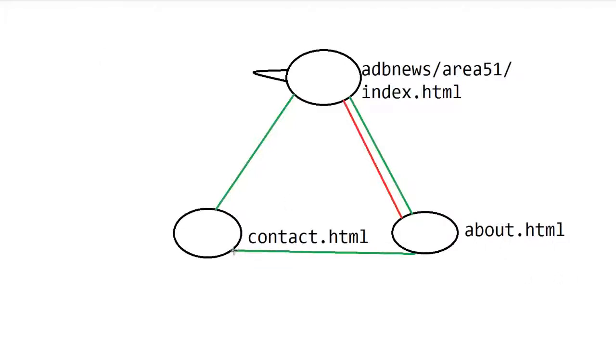So I'll go to contact, or we can loop on about.html. So here is the loop on about.html, and from contact.html, we have the option to either go back to index, so that would be a line going up to index, or we could go to about.html, or we can loop on contact.